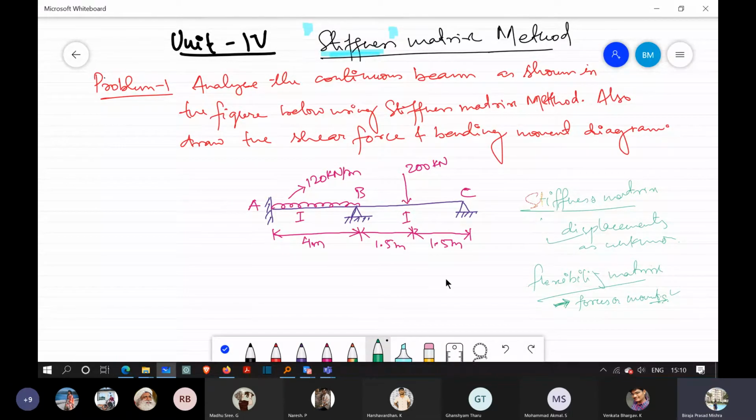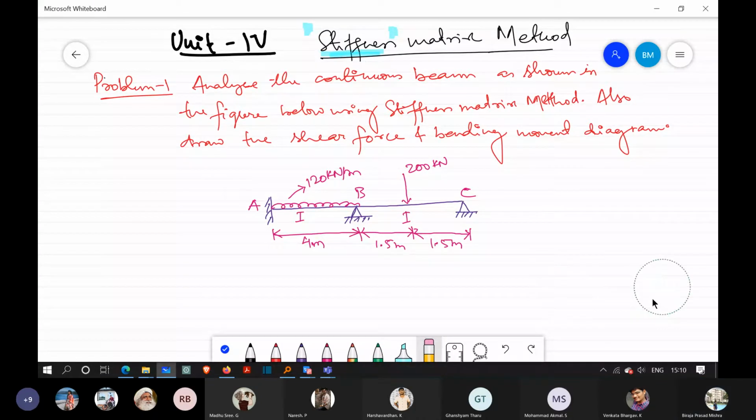Now, please pay close attention here. End A is fixed, so we will have three reactions over here: one vertical, one horizontal, and one moment. Why?